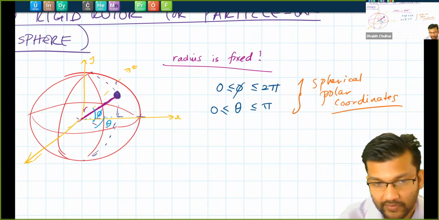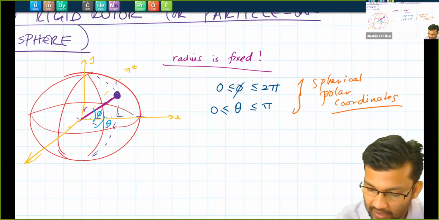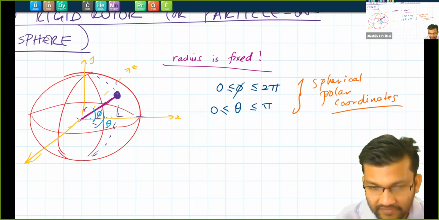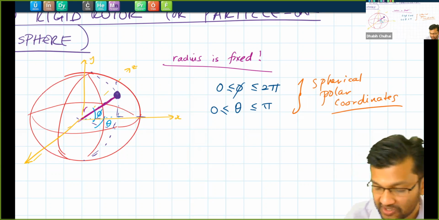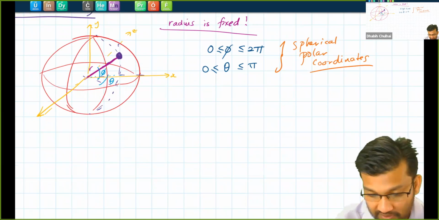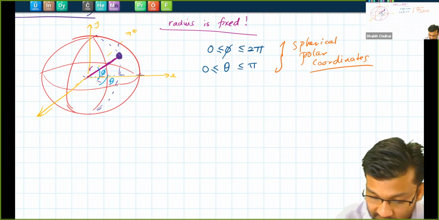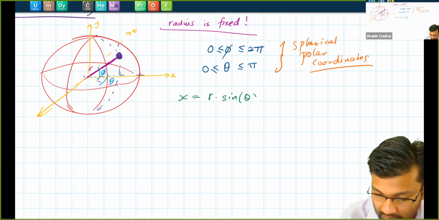We looked at two-dimensional polar coordinates. Again, if you did these sorts of math, they might be very familiar to you, but we're not here to do math. We're just here to use it to solve problems that we're interested in. In this coordinate system, x is r times sine theta times cosine phi.